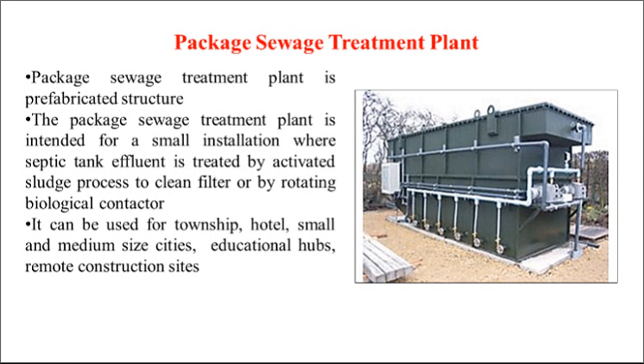It is intended for small installations where septic tank effluent is treated by the activated sludge process, a trickling filter, or a rotating biological contactor. It can be used for townships, hotels, small and medium sized cities, educational hubs, and remote construction sites.